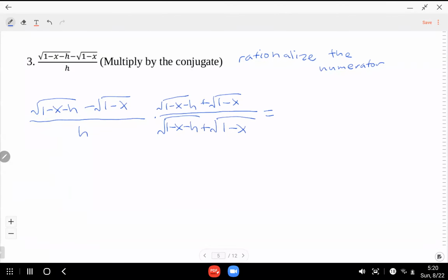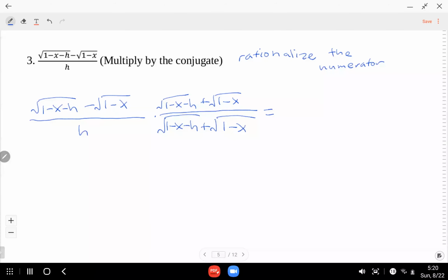So we're going to rationalize the numerator here. And why do we need to do that? We need to find the limit of a specific thing. Okay, so I'll explain that later. So after you do this, you get this.